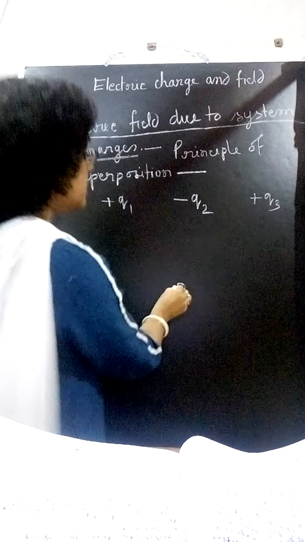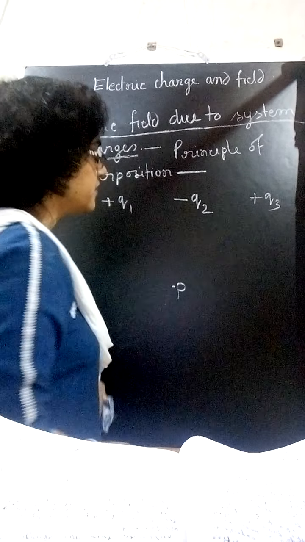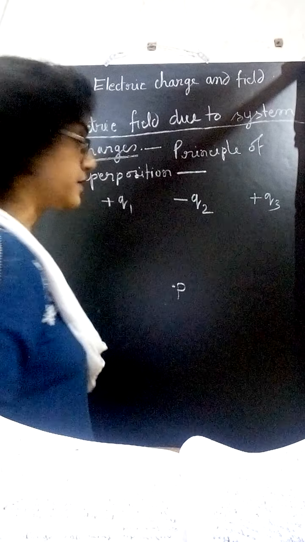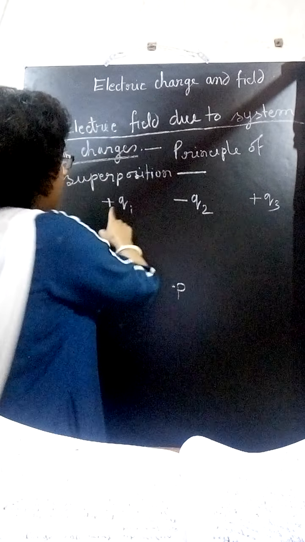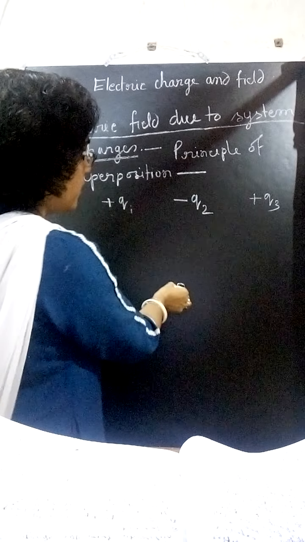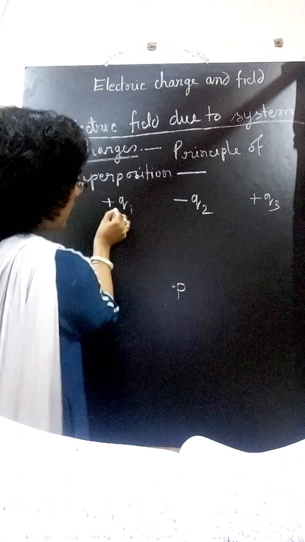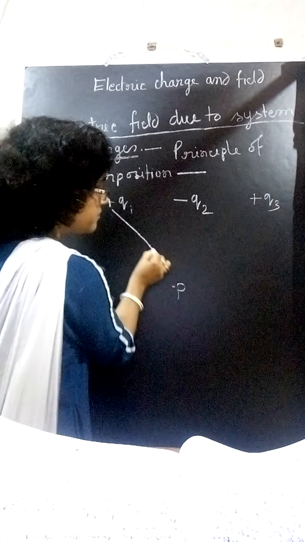Now, let's see what net electric field is coming at the point P. For the plus Q1 charge, what will be the force at the point P and what will be its direction?